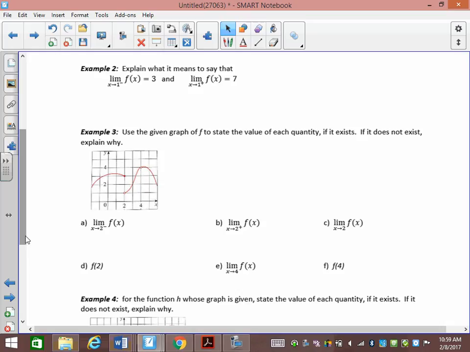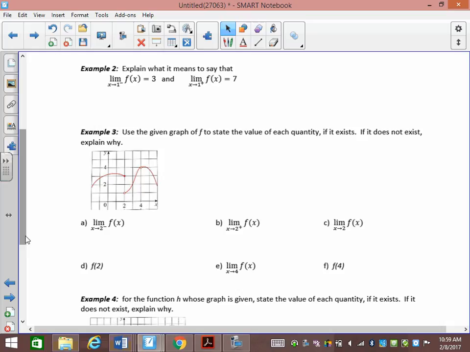Okay. Example 2. Explain what it means to say that the limit as x approaches 1 from the left of f of x is 3. What does that mean? So like the left side would be coming towards it, the limit which is 3.